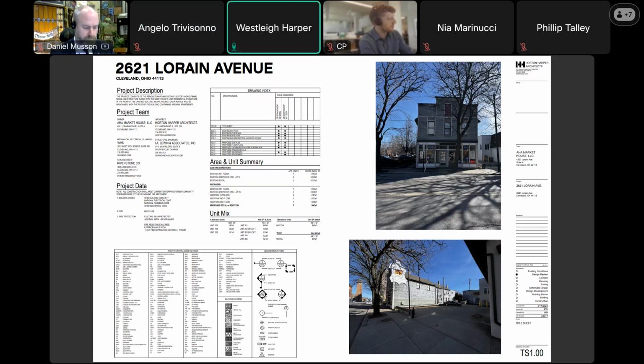We are currently going through the SHPO process, and they have a standard that has made it a little bit challenging to make this project work for us. But we presented yesterday a smaller footprint for the addition in the rear that we're proposing.